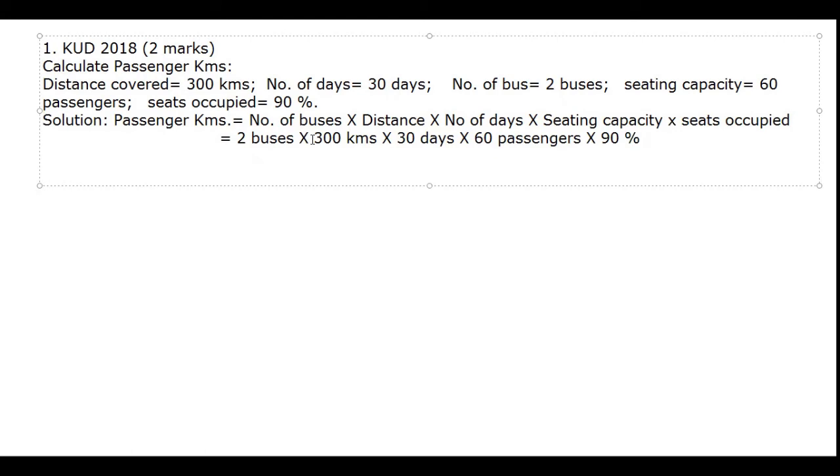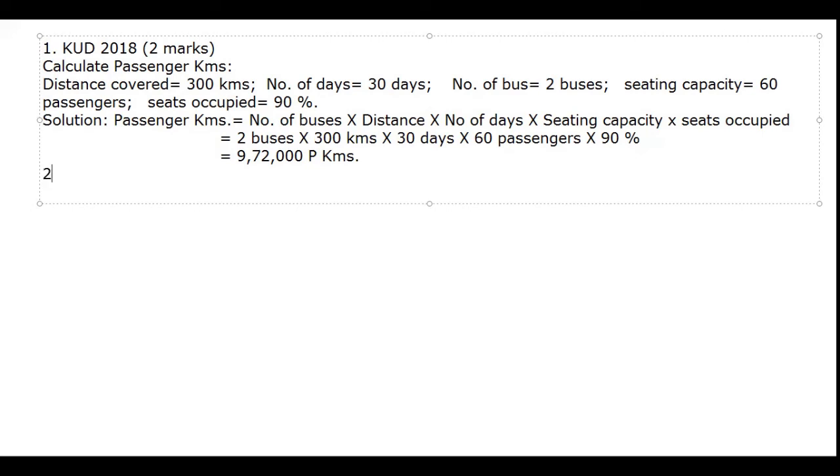So let's calculate this. Take your calculator and just multiply all these items. It comes to 9,72,000 passenger kilometers.